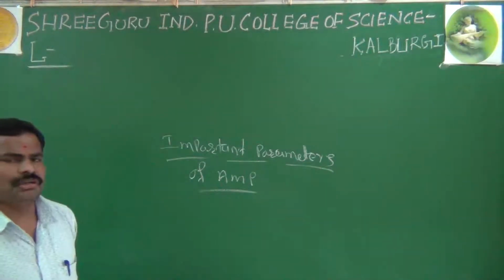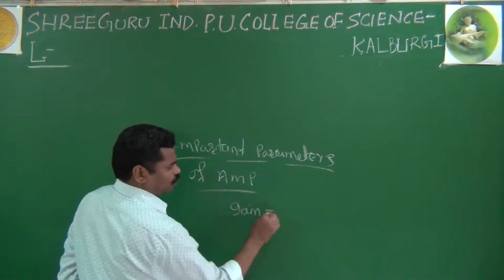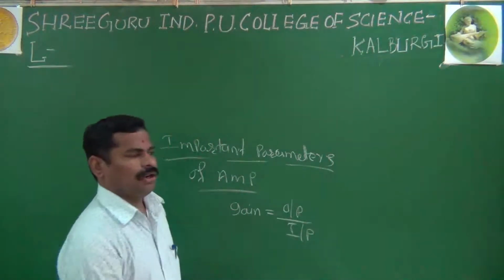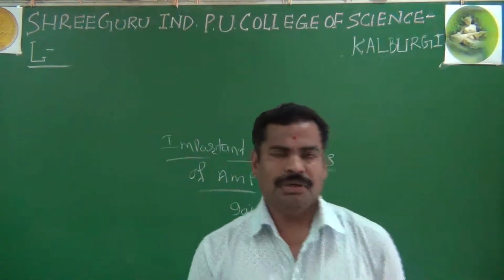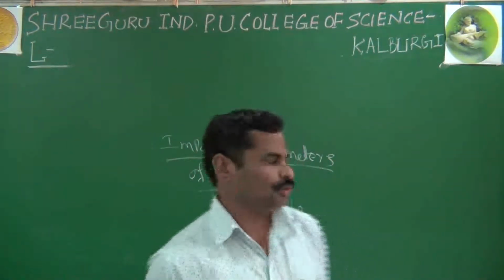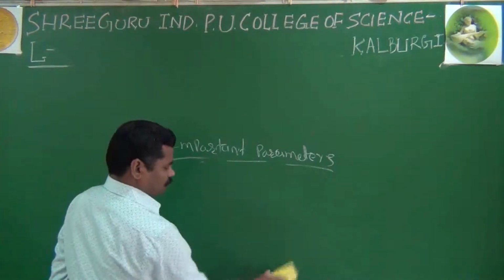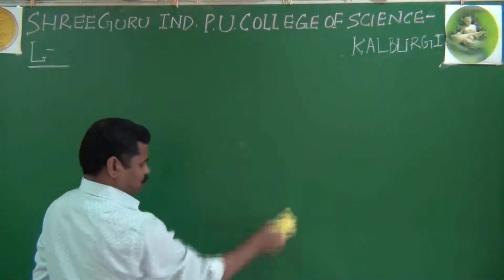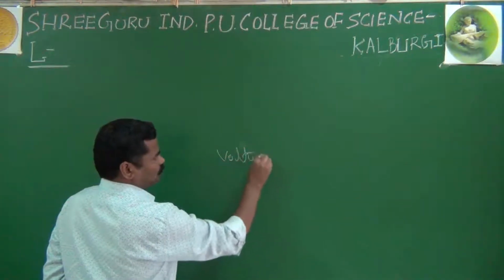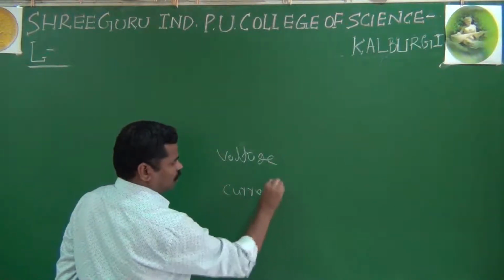As we know, in general, the definition of gain is the ratio of output to the input. And as I said yesterday also, in overall electronics, we give importance to three important things. The first one is voltage, the second one is current, and the third one is power.